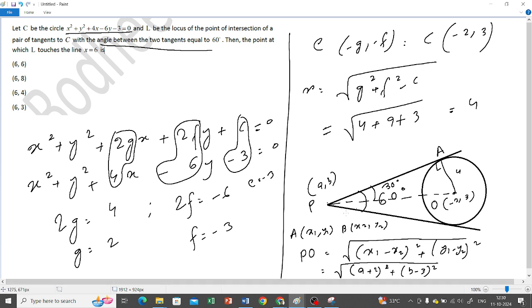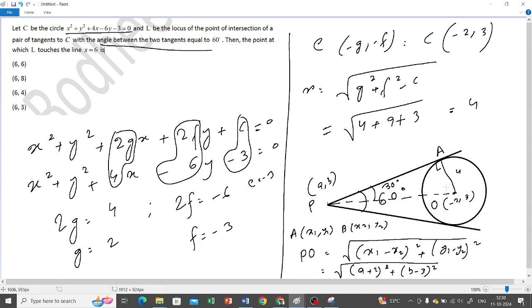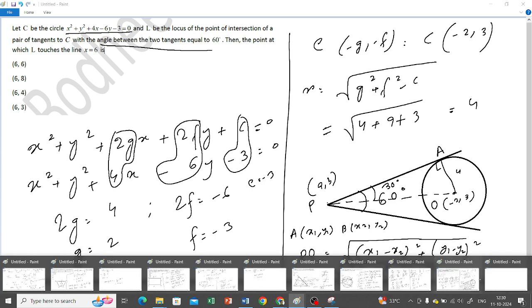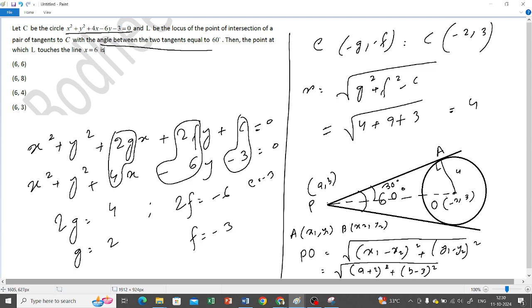Now see, APO is a right angle triangle. So how can I relate PO and AO? Not tan theta. In triangle APO, AO is the perpendicular, this is the base, and PO is the hypotenuse.